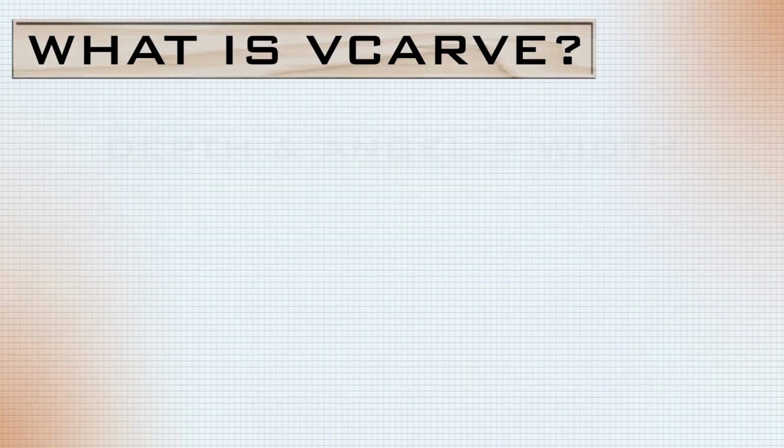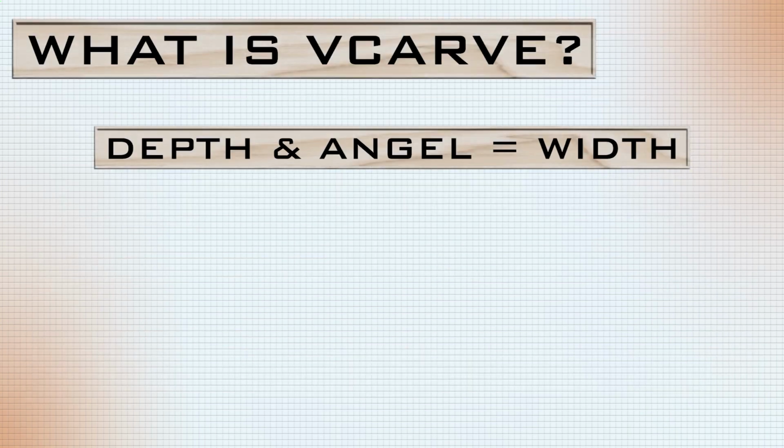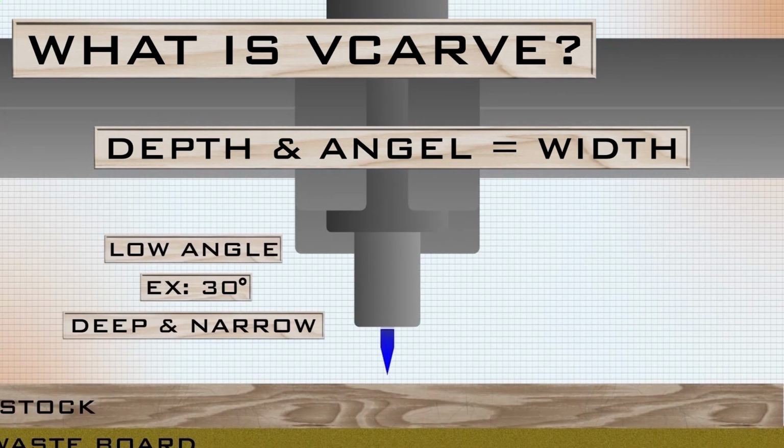What is vCARVE? Well, it's depth and angle equal width. So depending upon how far down you are, and the angle of your bit, is going to give you your width. And what you're going to see here is that with a low angle bit like this 30 degree, you're going to get a deep and narrow vCARVE or V-cut in your stock material.